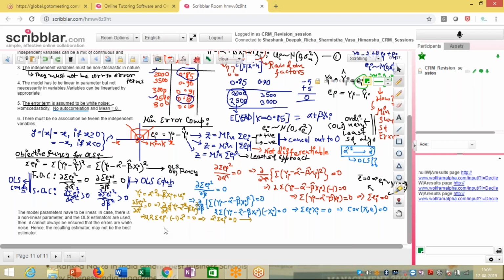From the first OLS equation, we had the following expression.